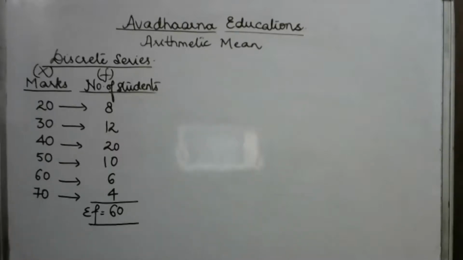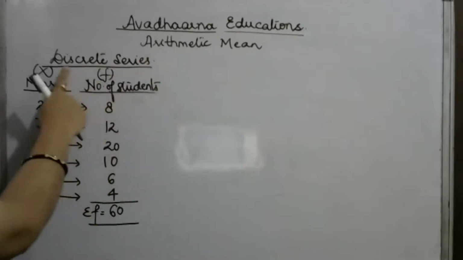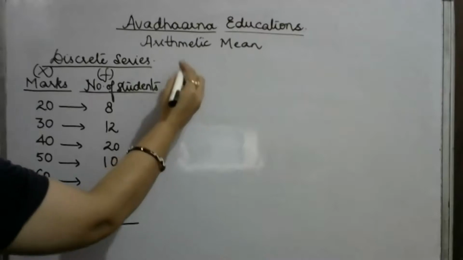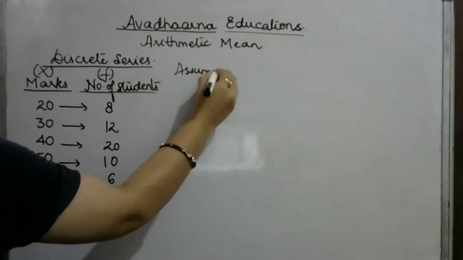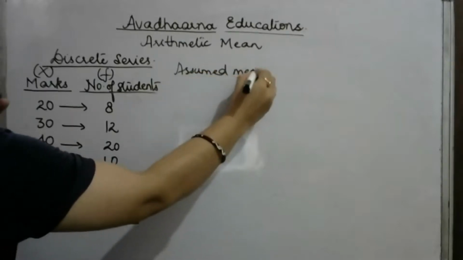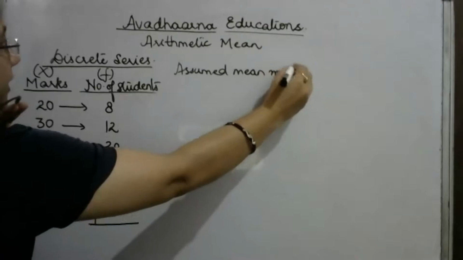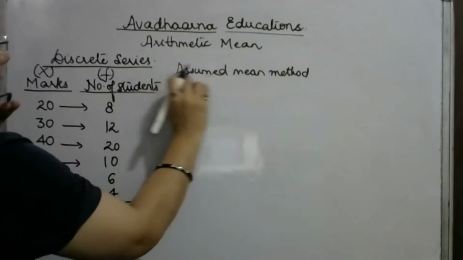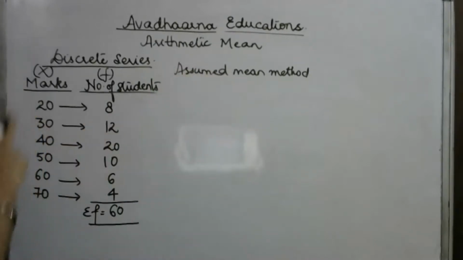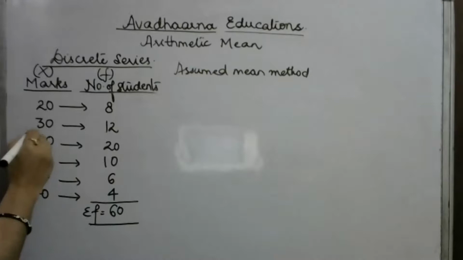Let's now solve this question again, where the marks obtained by 60 students are given to us. Let's calculate the arithmetic mean in this discrete series by following the assumed mean method, or shortcut method. So first step again, let's say from among these marks or x variable, let us take 40 as the assumed mean.